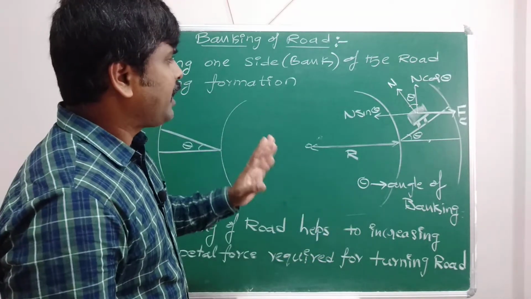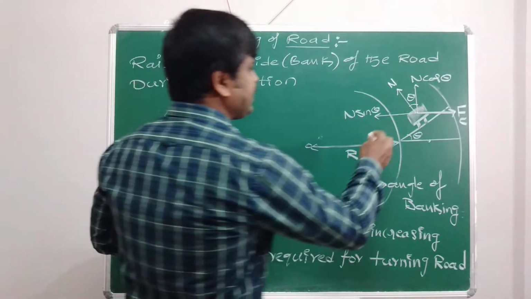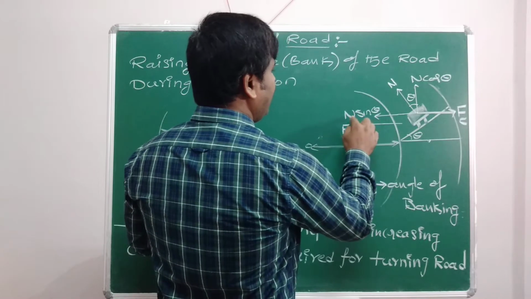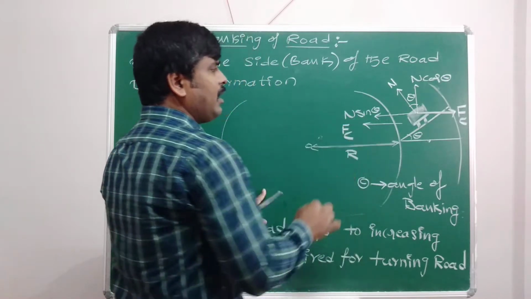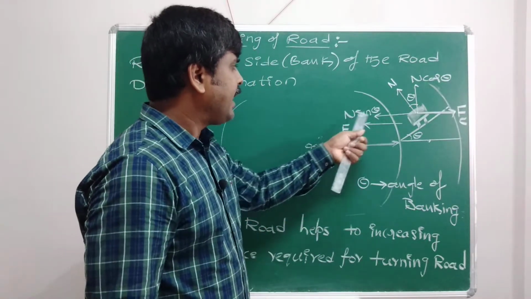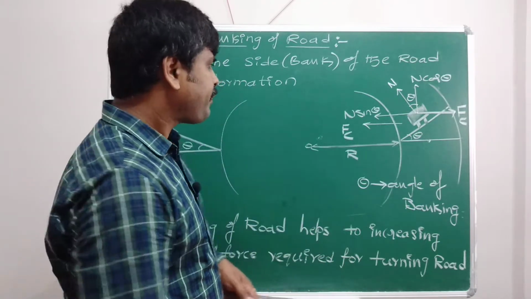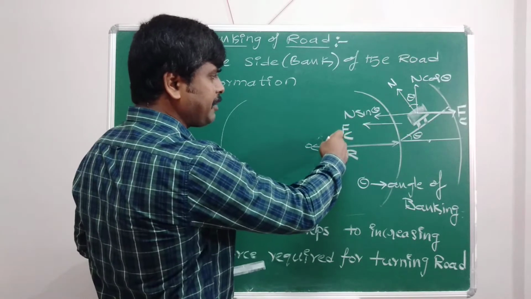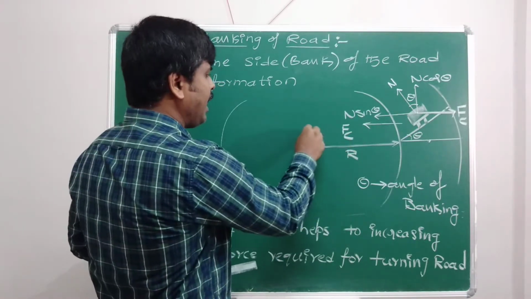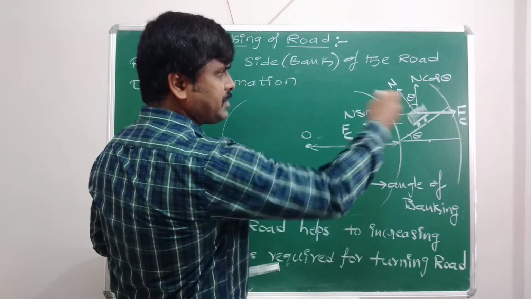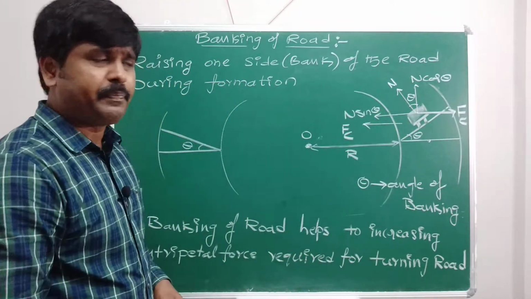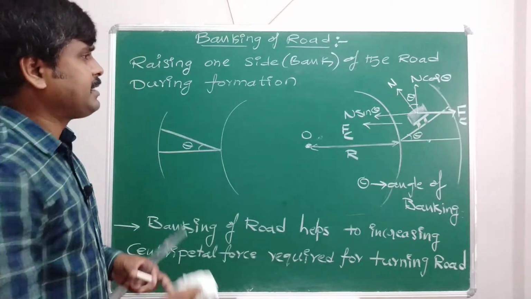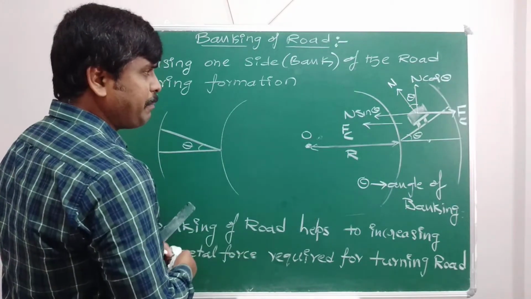Try to understand here. Towards the centripetal force, what is there? The horizontal component of the normal reaction is N sin theta. Here both represent Fc: this is the centripetal force towards the center O, and that is the centrifugal force away from the center. Theta is the angle of banking.